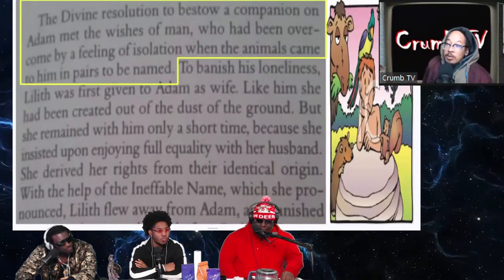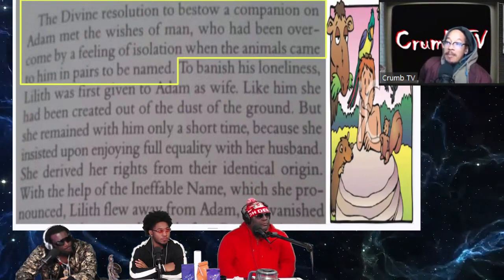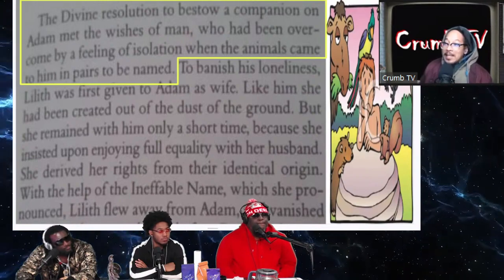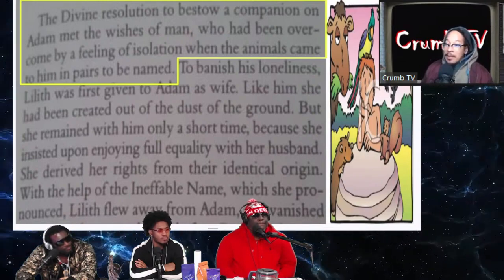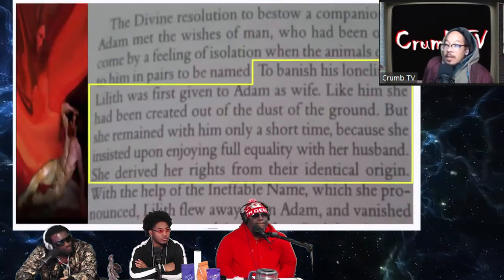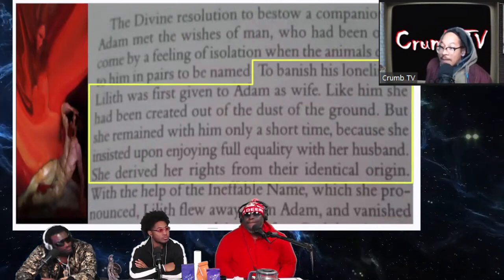The divine resolution to bestow a companion on Adam met the wishes of man, who had been overcome by a feeling of isolation when the animals came to him in pairs to be named. To banish his loneliness, Lilith was first given to Adam as wife.